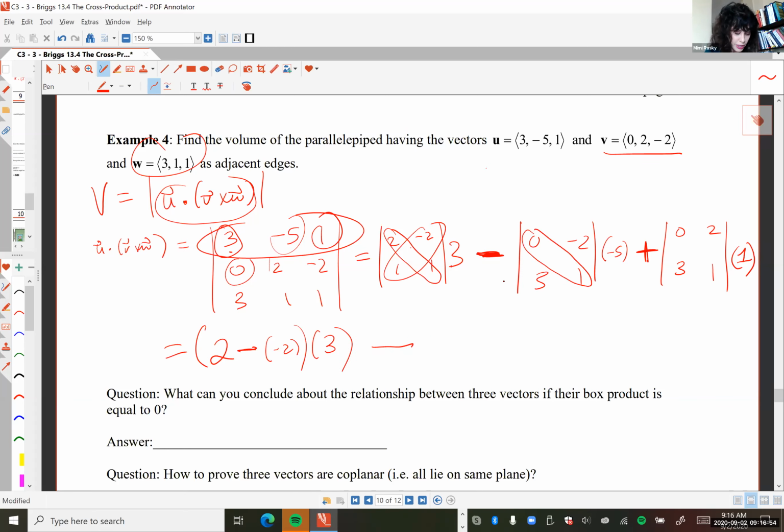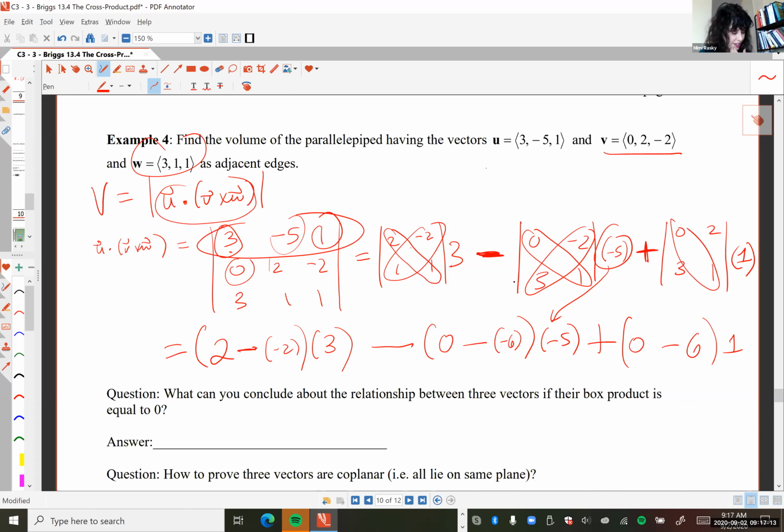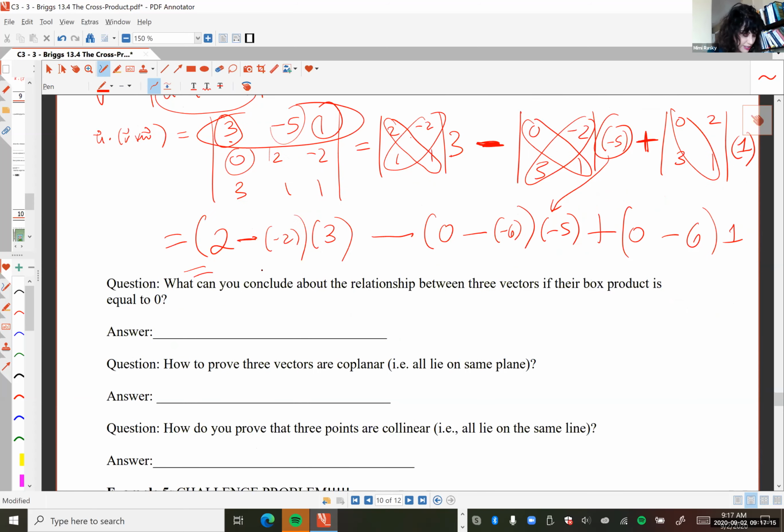Minus, now you're going to do the product of the major diagonal values, but 0 times anything is 0, minus the product along the minor diagonal. 3 times negative 2 is negative 6, and that's going to multiply with the negative 5. Plus, and now you're going to have a number times 1 here, 0 minus 2 times 3 is 6. Okay, what the heck here? This looks like it's going to be 4 times 3.